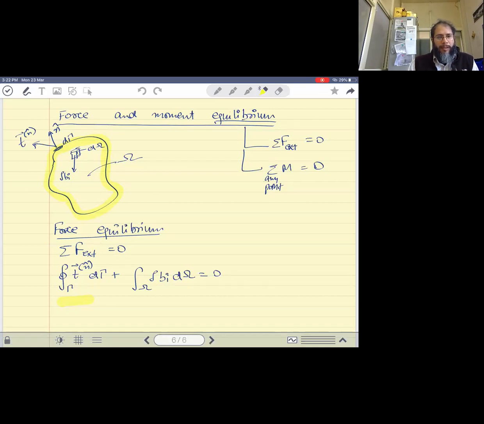So you have to integrate over all the traction vectors on the surface gamma. And the next step is to integrate over the complete volume, which we do by taking all the volume elements d omega inside the body. So this is the complete body that we've taken.